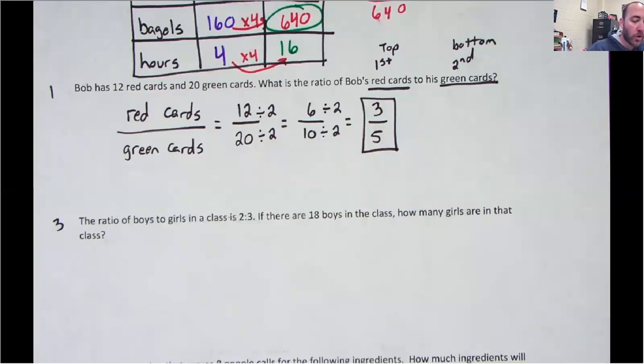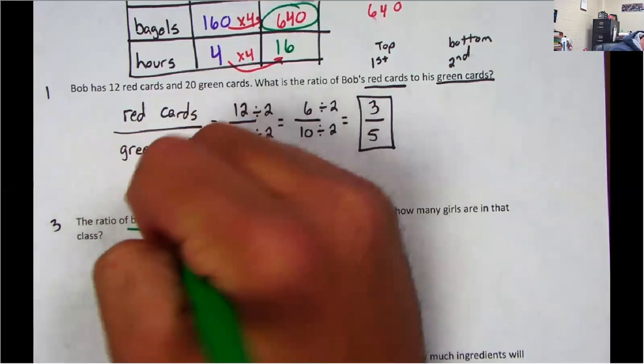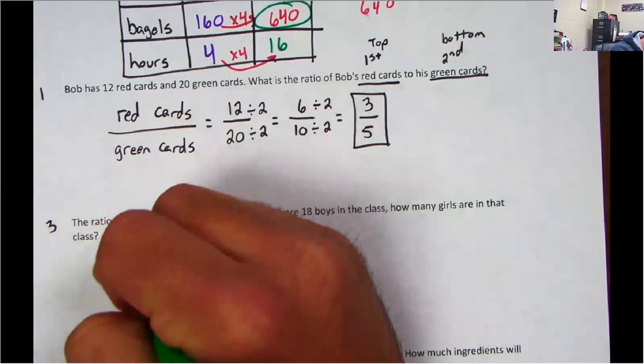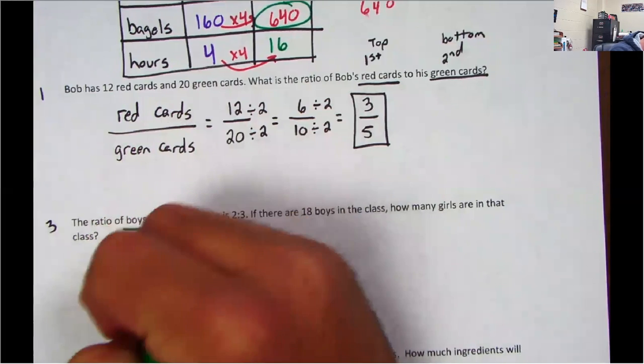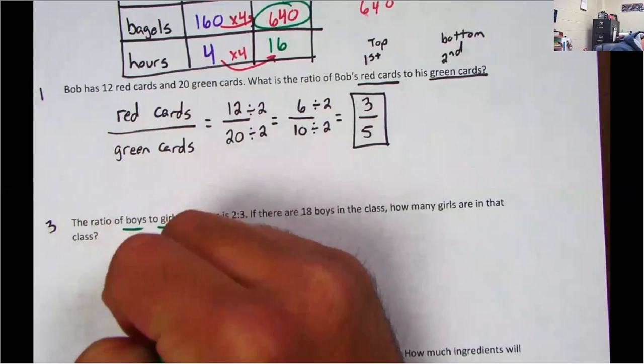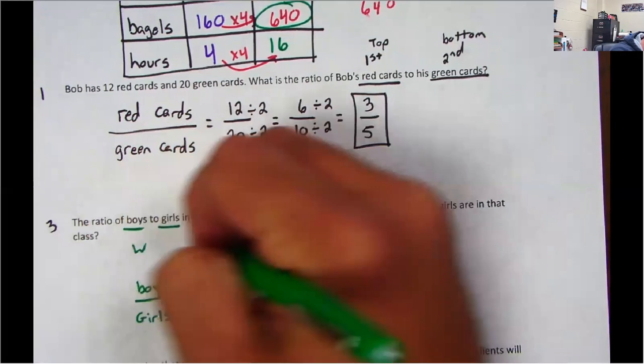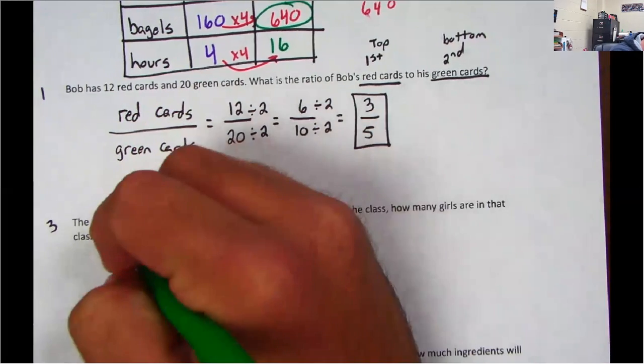Okay, I'm going to go ahead and start working on it again. The ratio of boys to girls. Boys, girls. So I'm going to create my WON chart. Words, original, new.